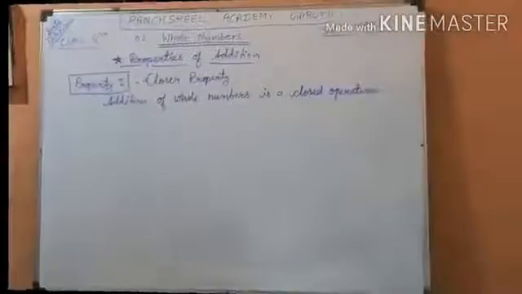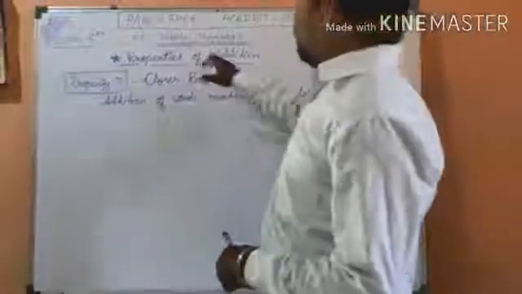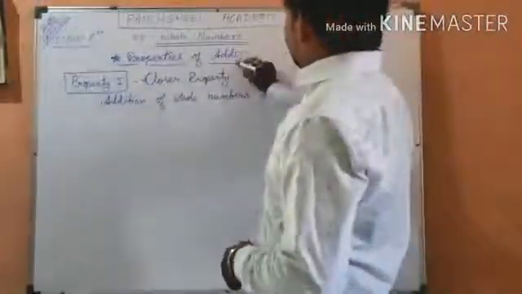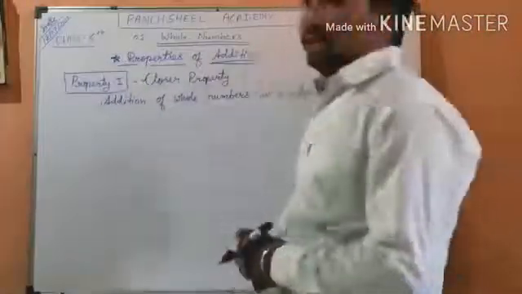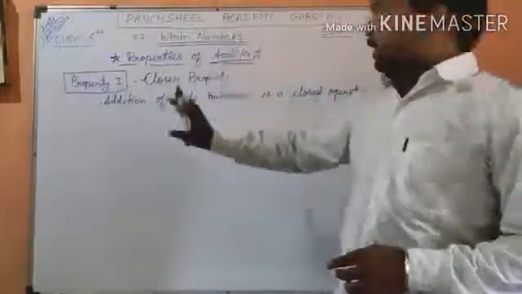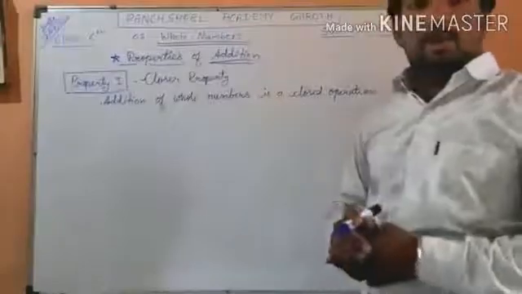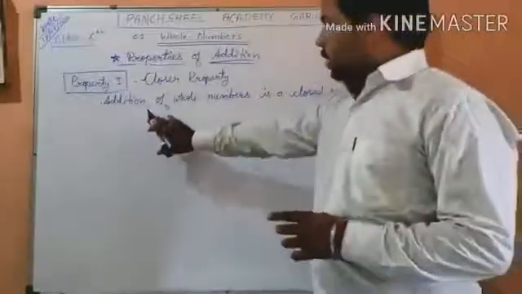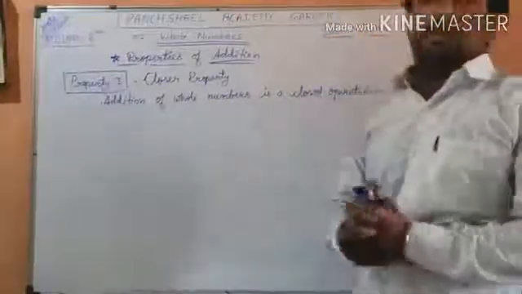So my dear students, we are going to start with the properties of addition. The first property is the closure property. Closure property means addition of whole numbers is a closed operation.